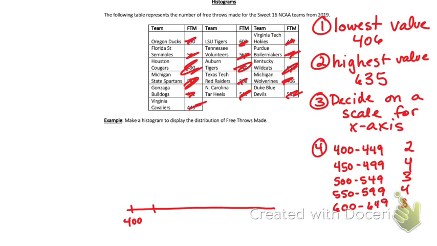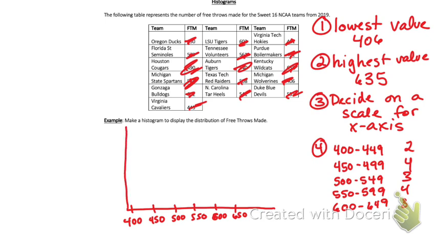Okay, very good. 450, and then 500, 550. Whoa, did you just say this is like a bar graph? Yeah. Bar graphs are for what kind of data? Categorical. Histograms are for quantitative data. Also, we're going to talk about how they are the same and different and all that fun stuff.